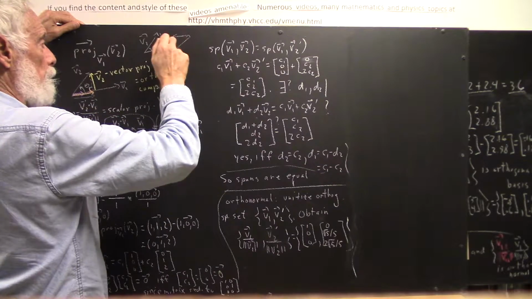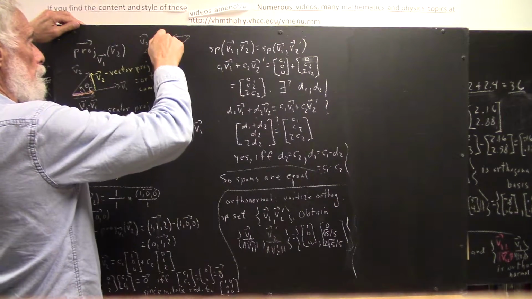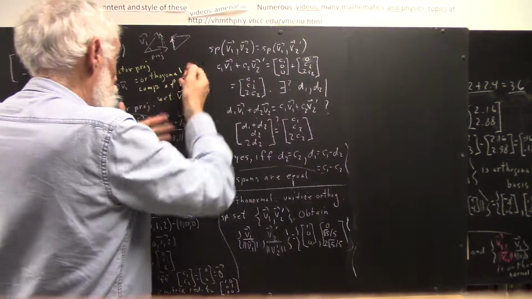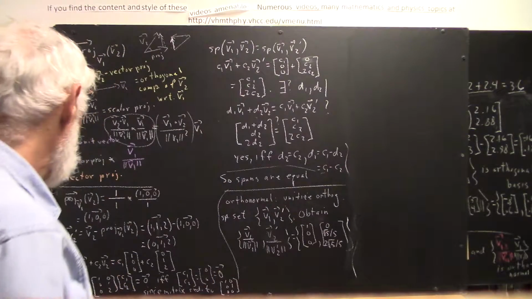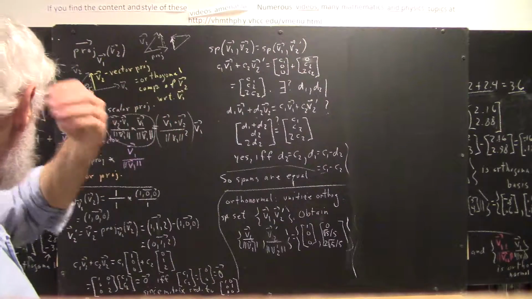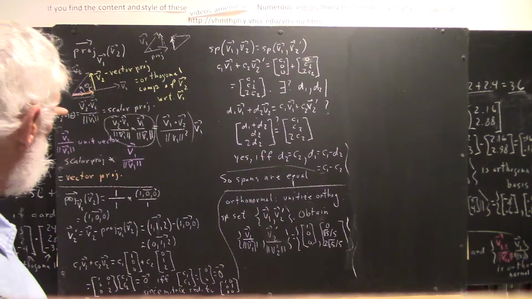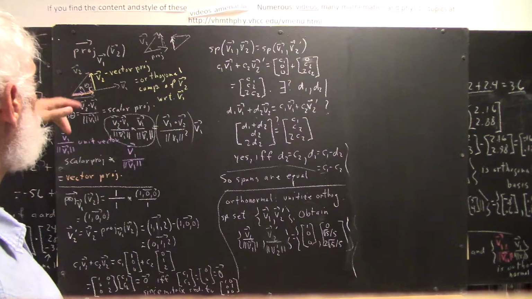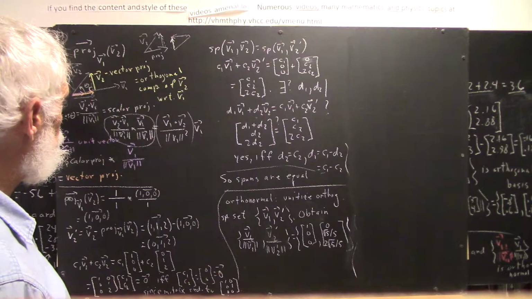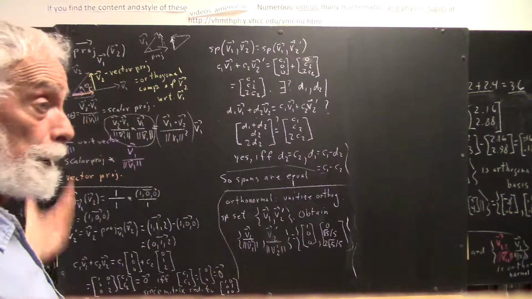That's the vector we're trying to find, and it's identical with the vector that you would have here. Again, I'm not explaining this in complete detail because we've done this, but you need to understand that what we're effectively doing here is taking the part of V2 in the direction of V1 and subtracting it off.